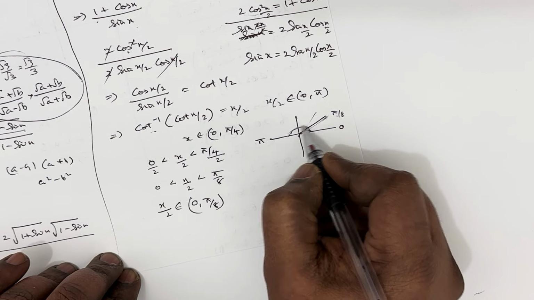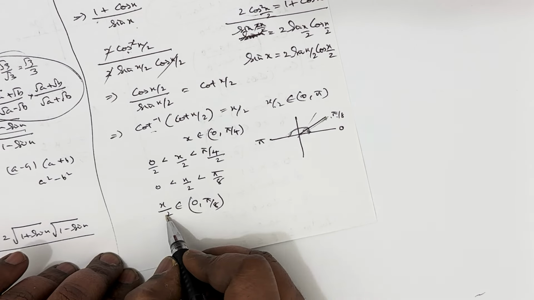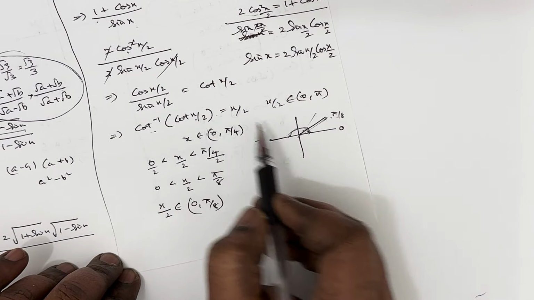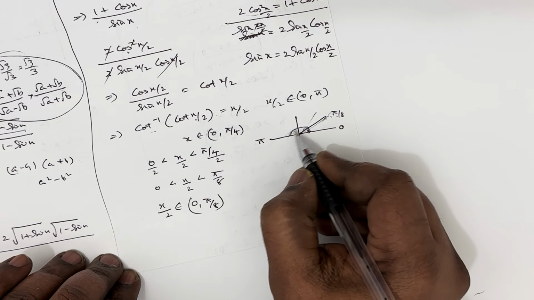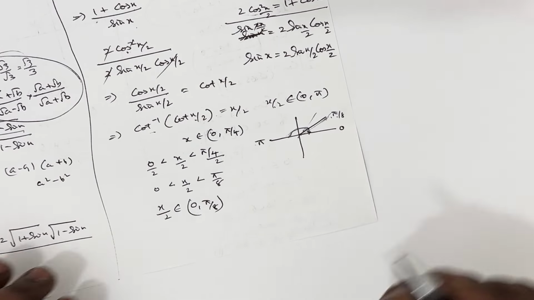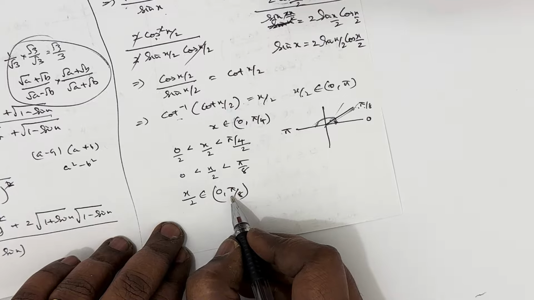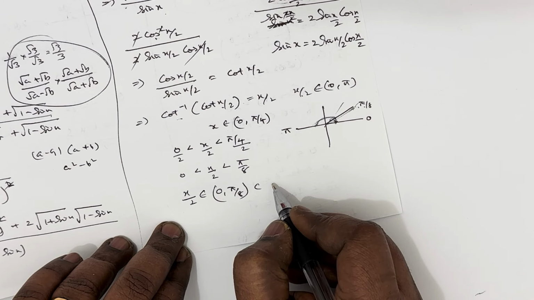This is inside the range of the cot inverse. So we can say that x by 2 belongs to the range of cot inverse, or this is a subset of this range. Pi by 8 is a subset of this 0 to pi, or x by 2 belongs to 0 to pi by 8, which is also a subset of 0 to pi.